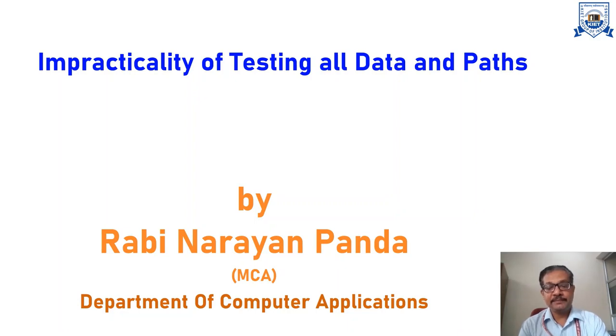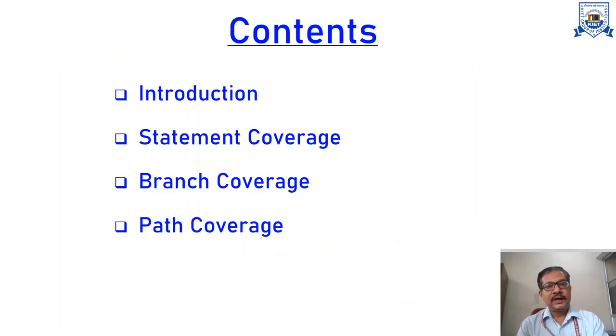While testing a particular application, it is not possible to test by taking all the data that are needed and all the paths from the starting node to the end node. Sometimes it is not possible to cover all the paths.